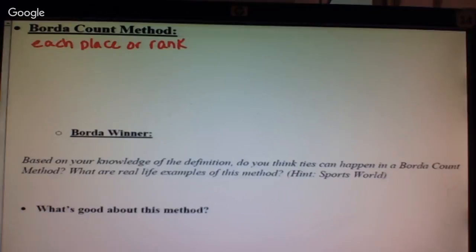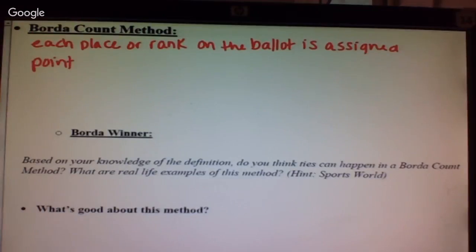So you're in first place, second place, third place, fourth place, on the ballot is assigned points in reverse order.